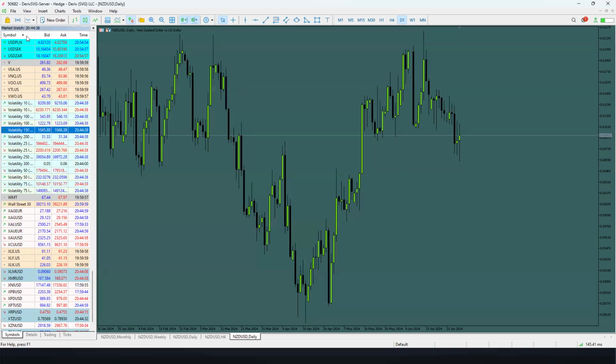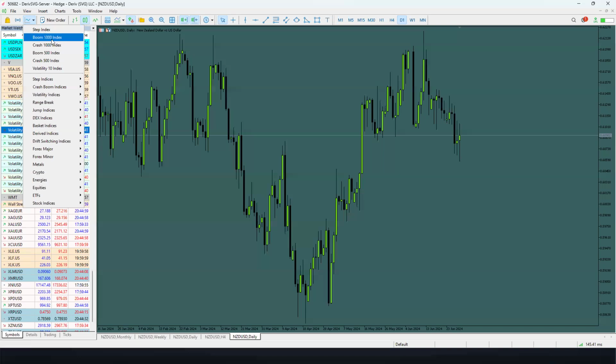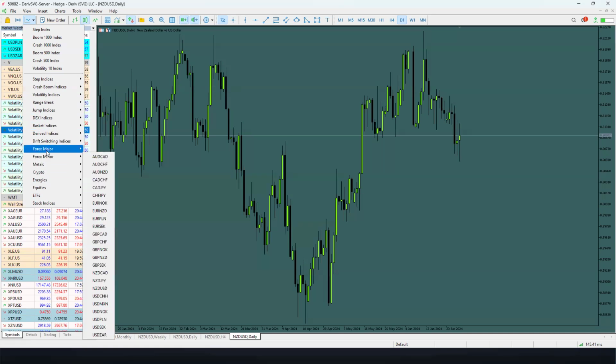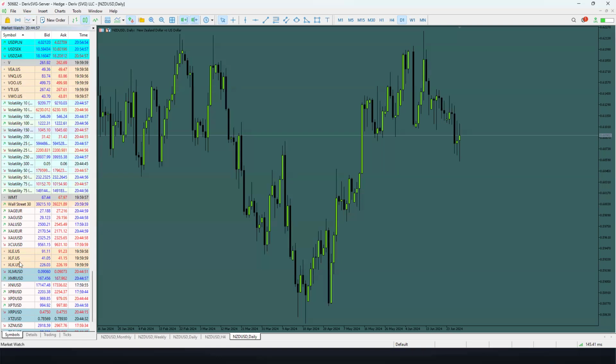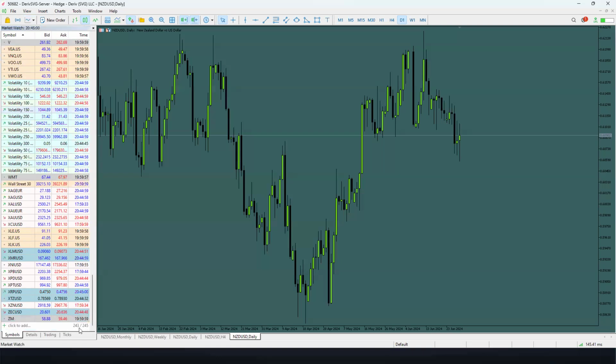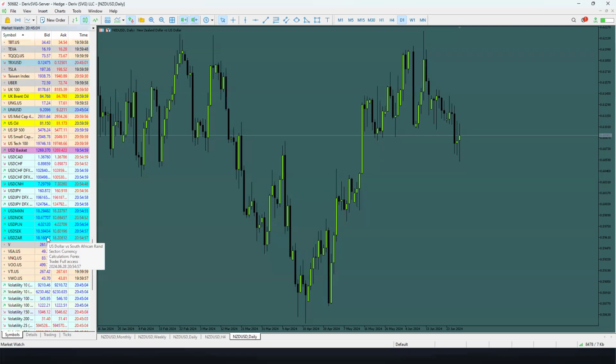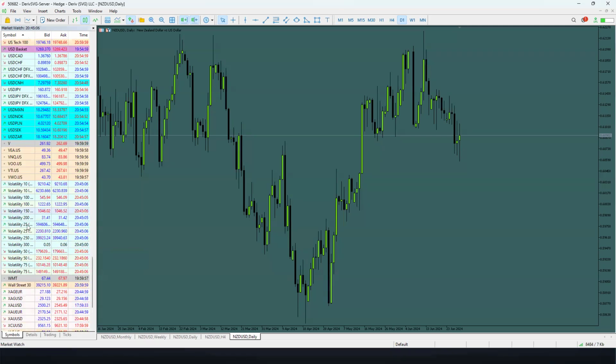If you come here, you will see everything they have: step indices, boom and crash, volatility, range break, basket indices, metals, forex major, minor, energy, stocks. They have about 200 and something assets here that you can trade. I like them because I don't have to have a separate account for volatility. I have one account that I can do all this at the same time.